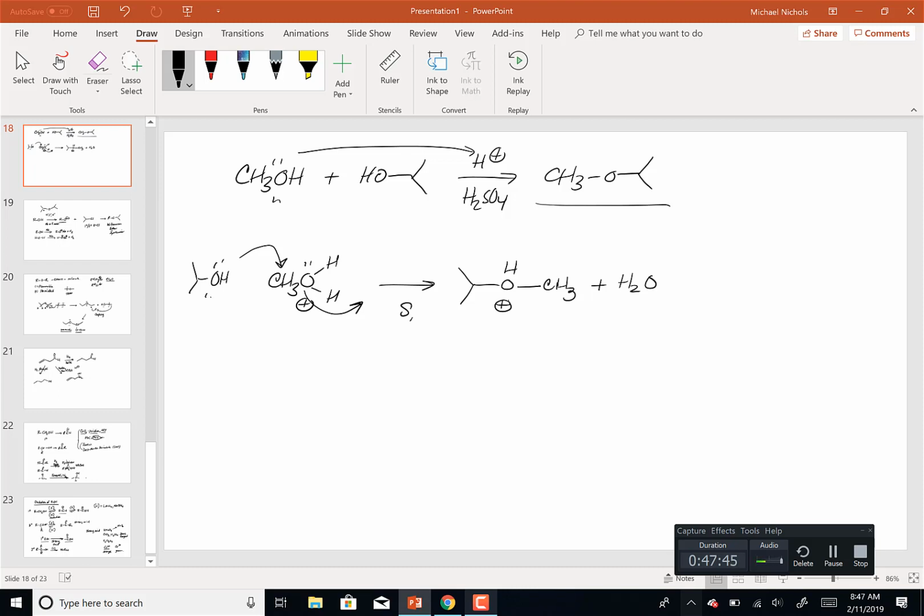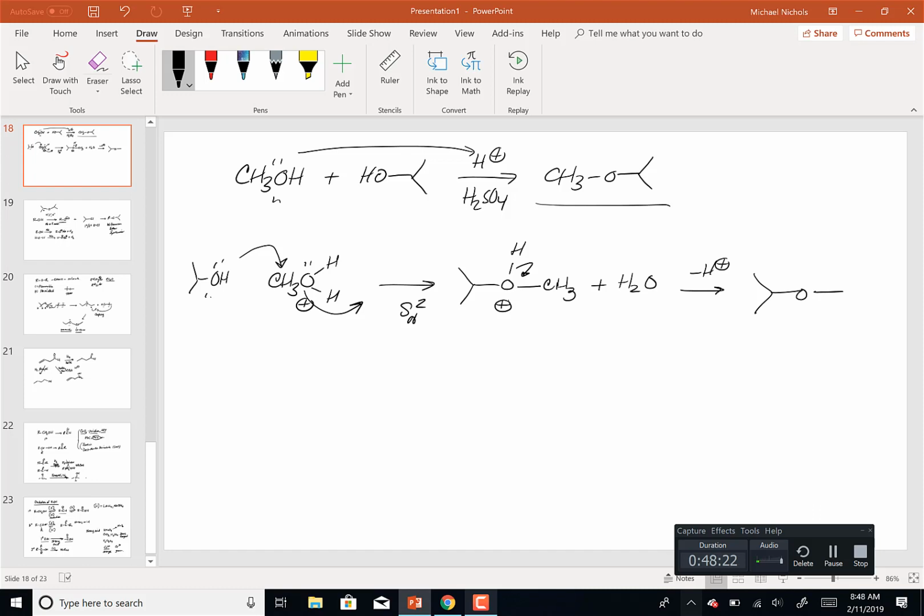And so this is an SN2 mechanism. And then what's my last step in the mechanism? Lose the H plus to form the final product. So the reason I would call this review is because it's an SN2 mechanism.